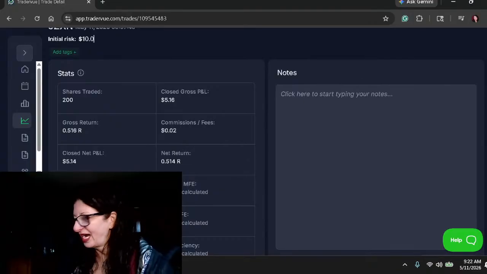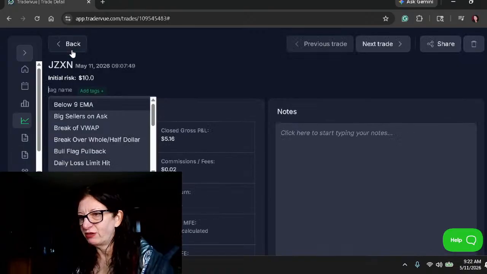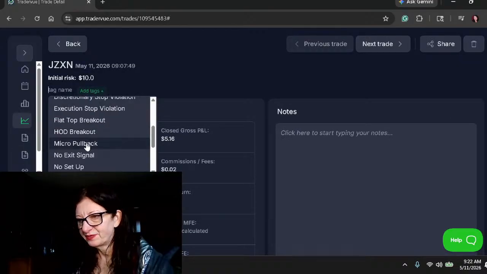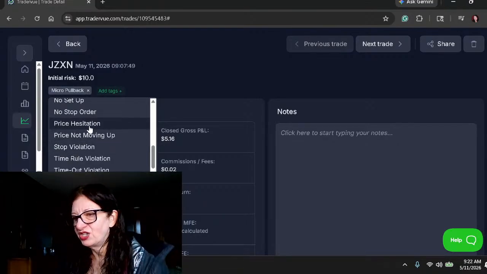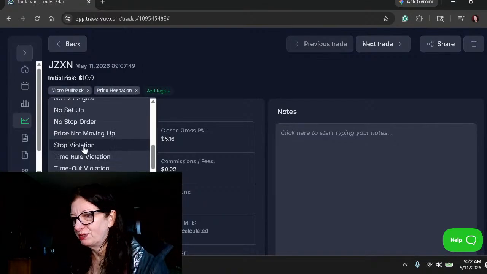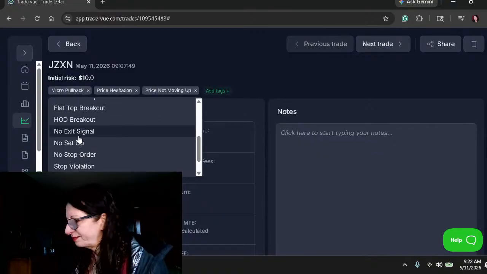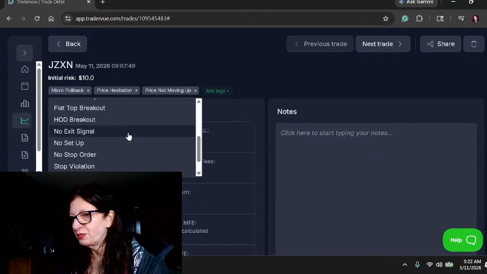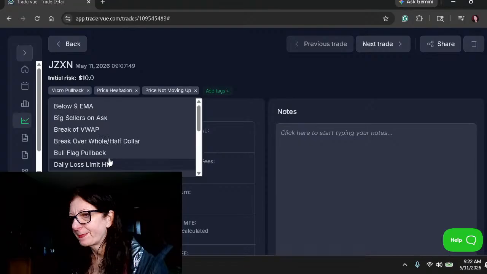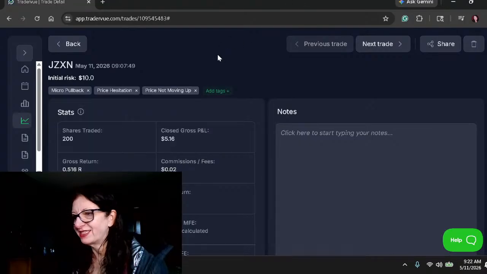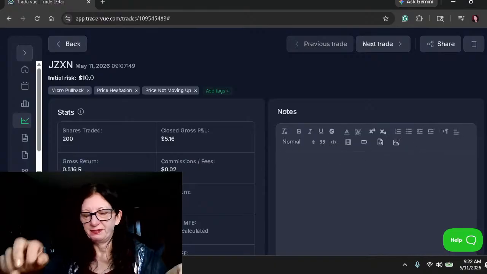So let's see, my tag is, it was a micro pullback. Okay. And I saw price hesitation and price not moving up. Those were my two exit indicators.